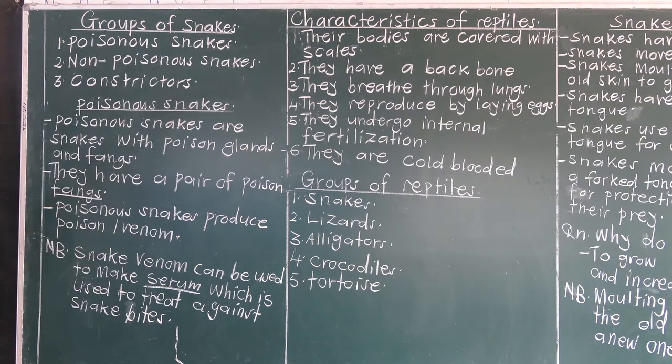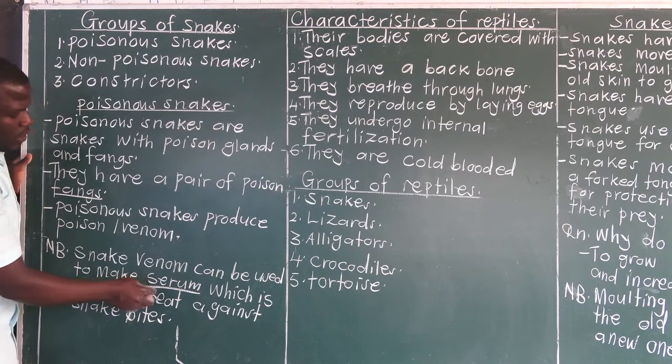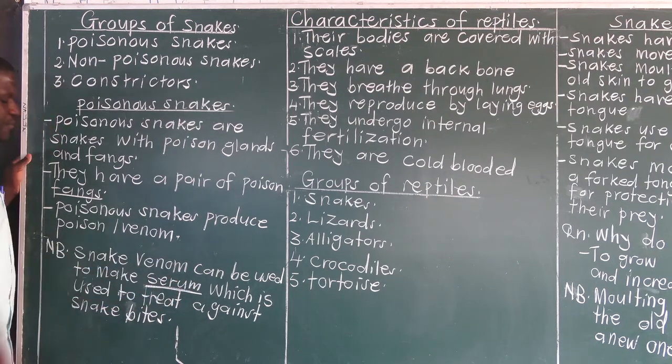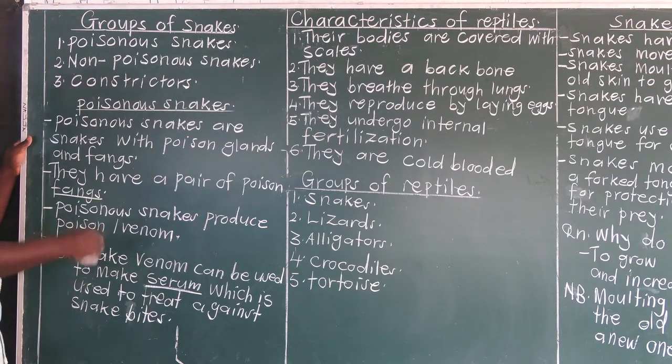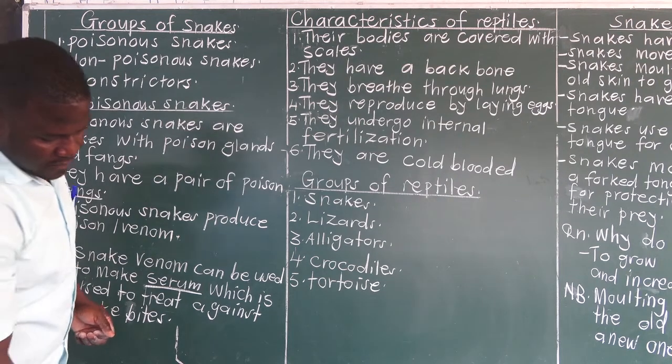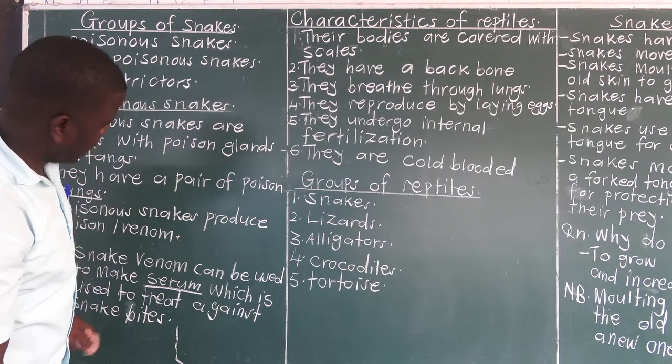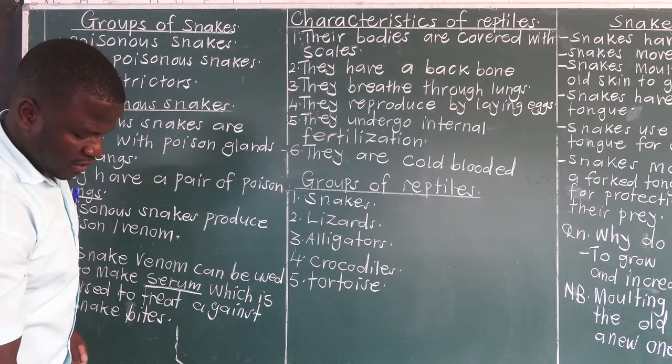So as much as snake poison or venom is harmful to our health, the snake venom can be used to make medicine, or what we call serum. This serum is a medicine which is used to treat against snake bites. So that medicine is got from venom. So venom is dangerous to our health, but at the same time, if we can use it to make serum, then it also becomes useful.